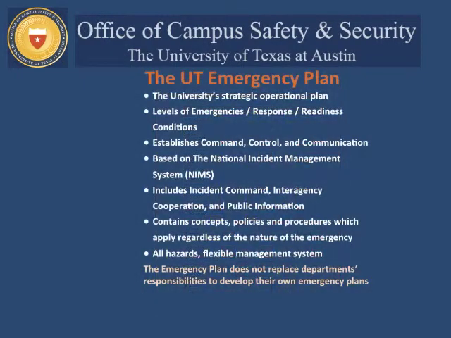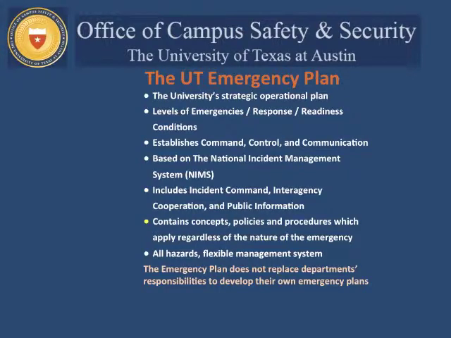So what's in the University of Texas Emergency Plan? It becomes the university's strategic operational plan. It talks about all of our levels of emergencies, responses, and readiness conditions. It lays out the procedures for the establishment of command, control, and communications. It is based on the National Incident Management System, or as we like to call it, NIMS. It includes incident command, interagency cooperation, and public information.